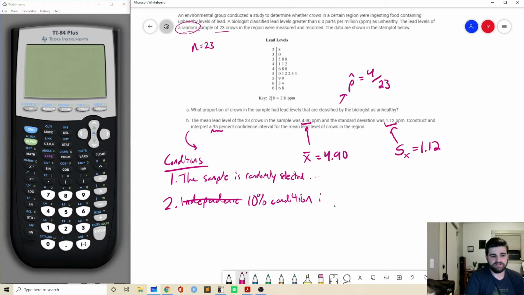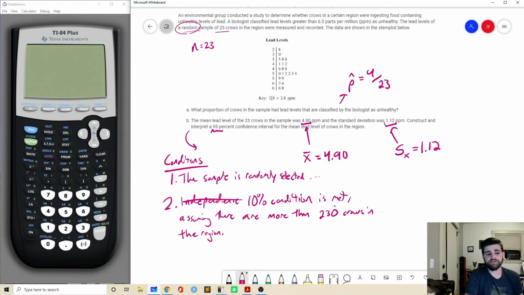So 10% condition is met, assuming there are, sorry about my handwriting, more than 230 crows in the region. Again, our sample's 23, so I just multiplied that times 10 to get 230.